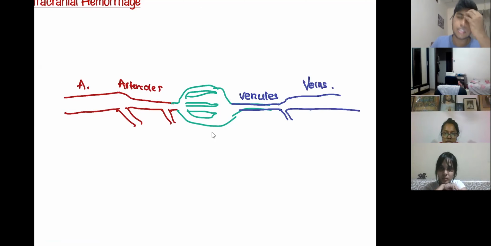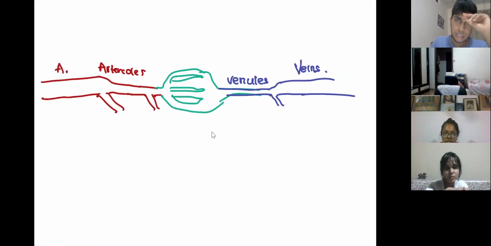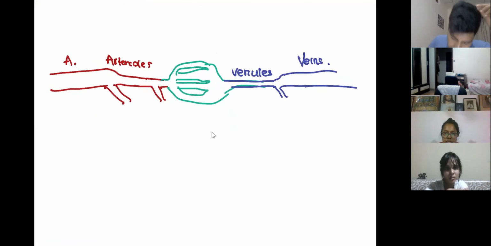Now, just to test your knowledge, can you tell me, do venules have a higher pressure or do veins have a higher pressure? Where is the pressure higher, venules or veins? Is it A or B which has the higher pressure?